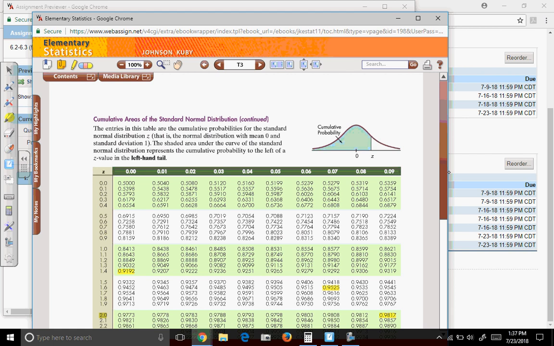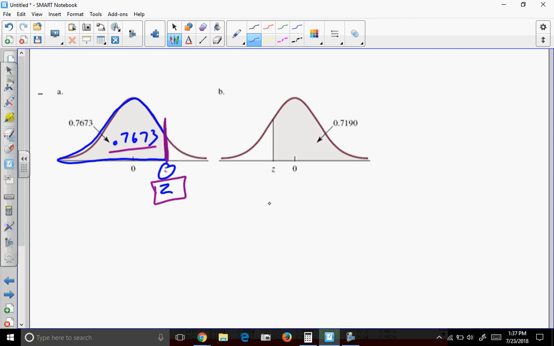So this 0.7673 inside the table is an area that corresponds with a z value of 0.73. So that's z, 0.73. Remember what z stands for.